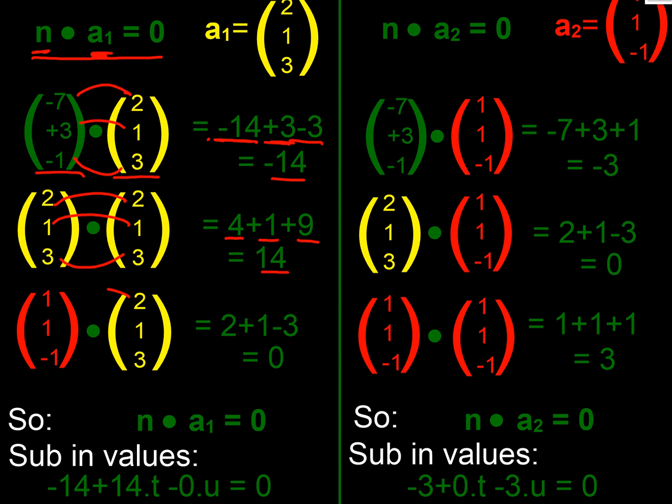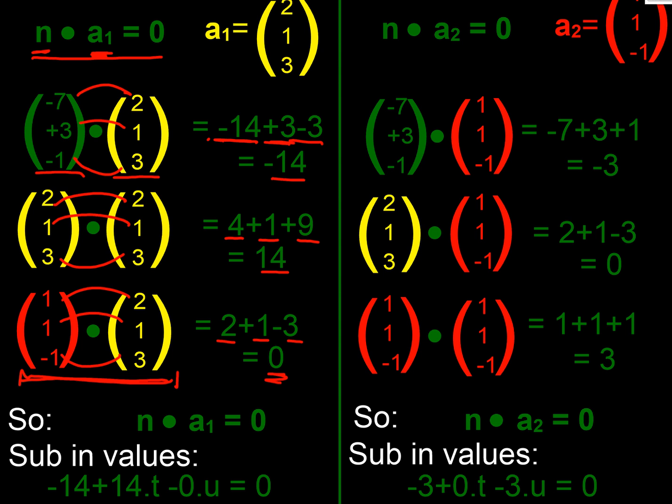And then if I dot product these two vectors together, the line vectors A1 and A2, the red and the yellow, I end up with 2 plus 1 minus 3. I end up with 0, because these two vectors are actually at right angles. I've chosen two lines where the line vectors are at right angles for this example.